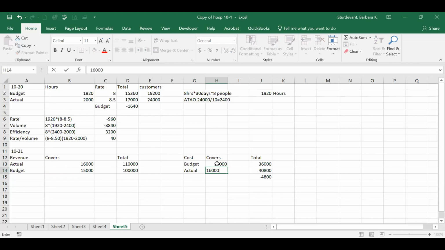Average food service check was budgeted for, and the average food service check was actually, okay.